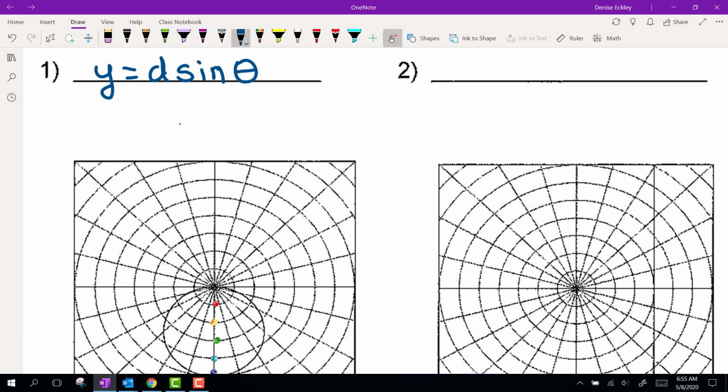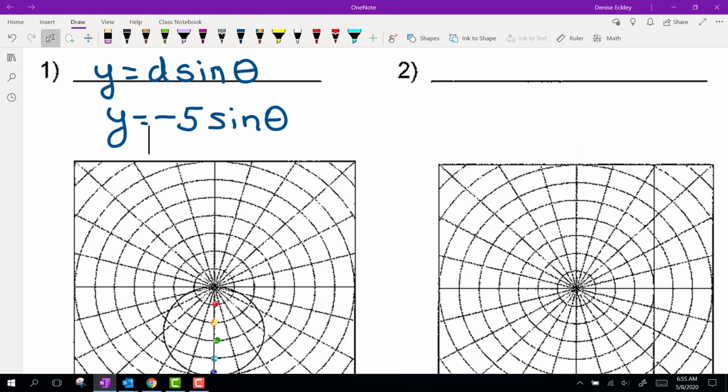We know that is 5. And we know it's on the y-axis. That's the second thing. So that's why it's sine. But it's on the negative y-axis, so we need a negative sign for our 5. So that's the equation of that circle.